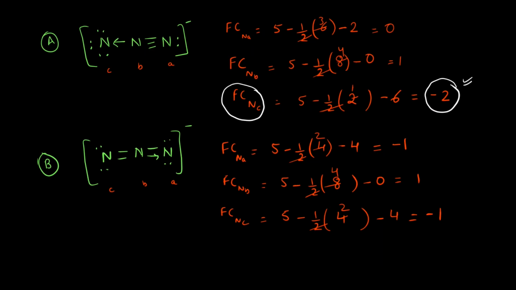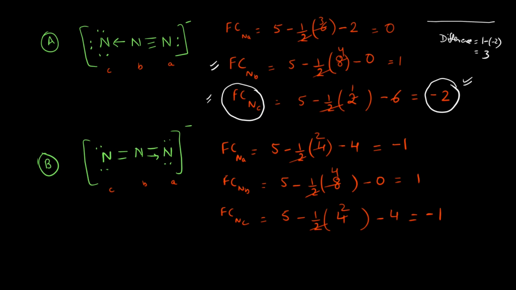Second thing, we see how much the difference is between the formal charges of the central and peripheral atoms. If I find the difference, it comes out to be 1 minus minus 2, that is 3. Wow, so high the difference. You can also think of it like this.